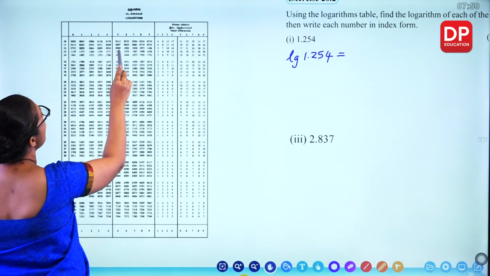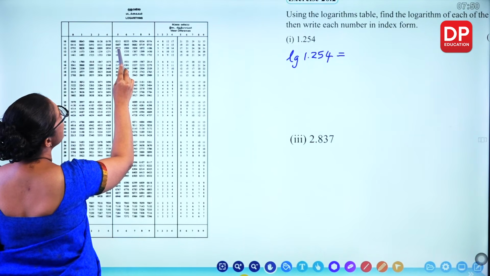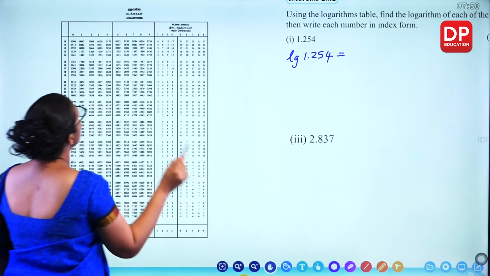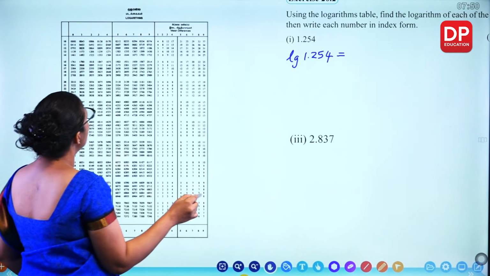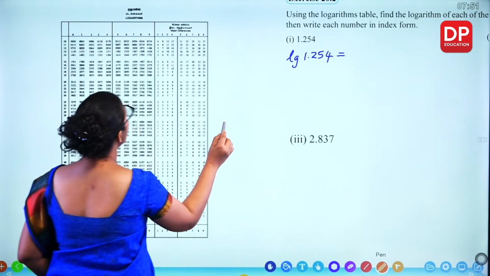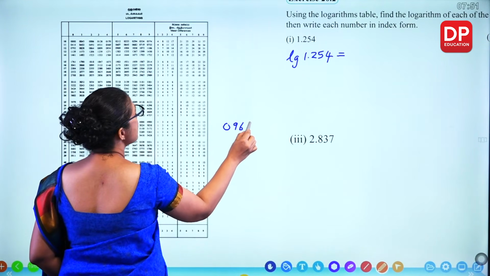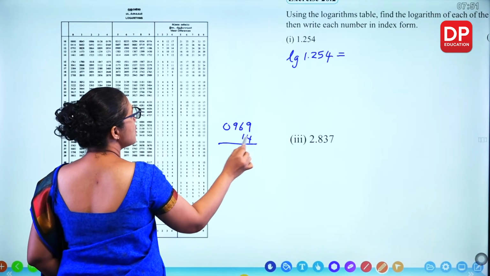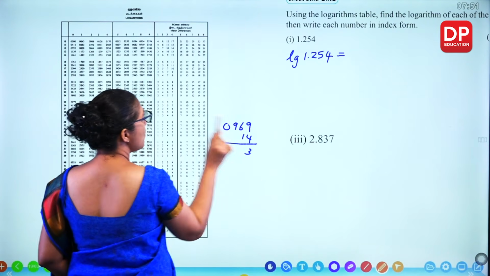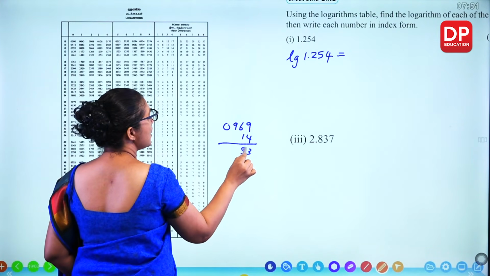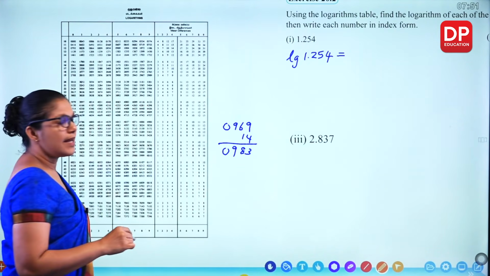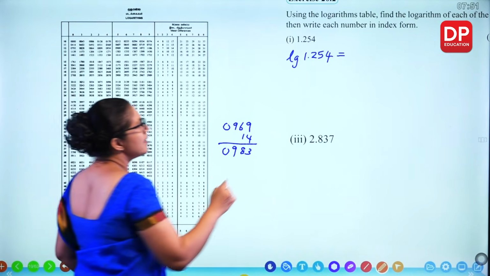12, 5 and 4 is 14. So you are adding 14 to 0969, adding 14. 9 plus 4, 13, 1 remaining. 7 plus 1, 8, 0, 9, 8, 3.